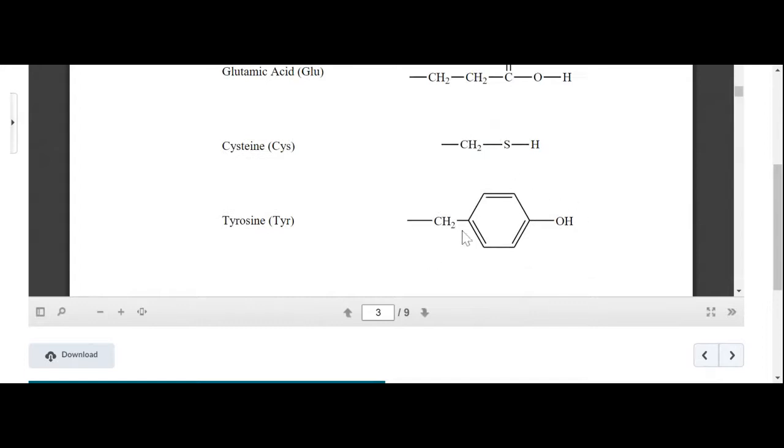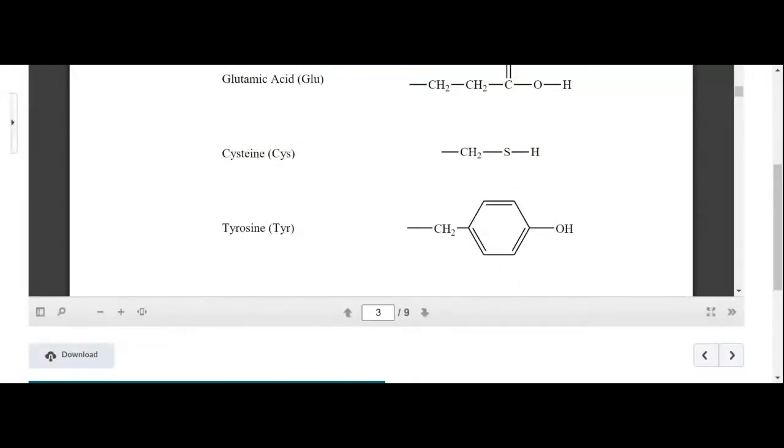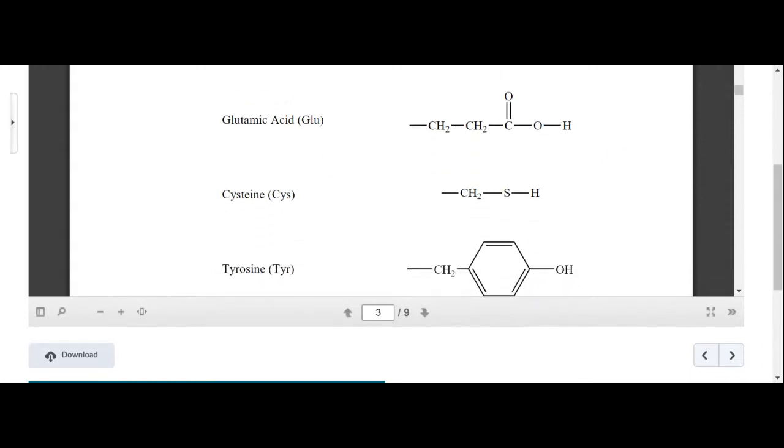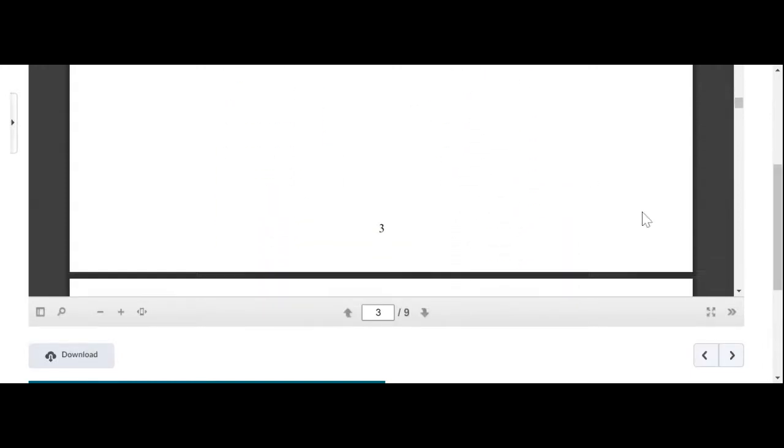Tyrosine is going to give a positive test with the aromatic because it has an aromatic ring. Glycine would be the one that is neutral and left as the last one out of the 2 that we have. Glutamic acid is the one with the acidic pH. And the cysteine is going to give you the black precipitate.